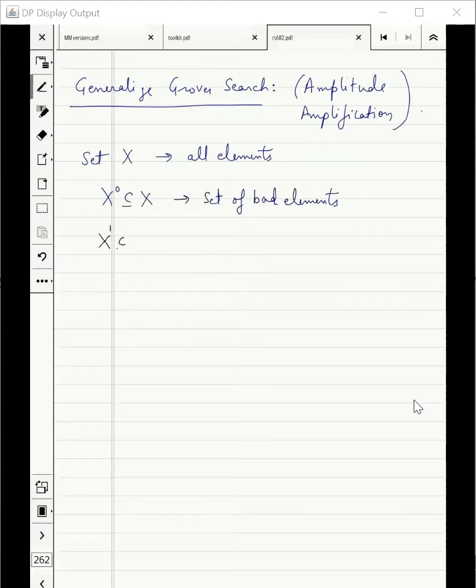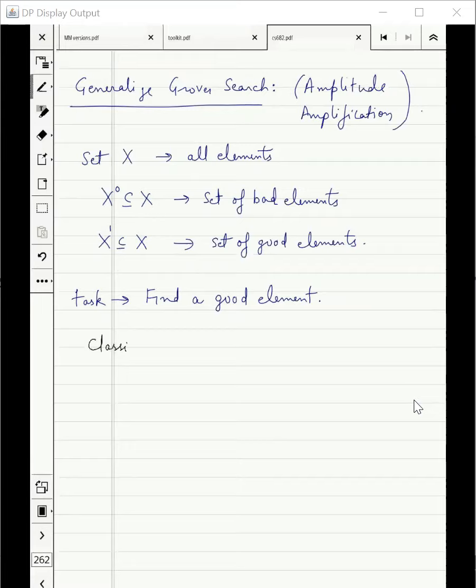We had X1, which was the set of good elements or marked elements. And obviously our task was to find a good element.